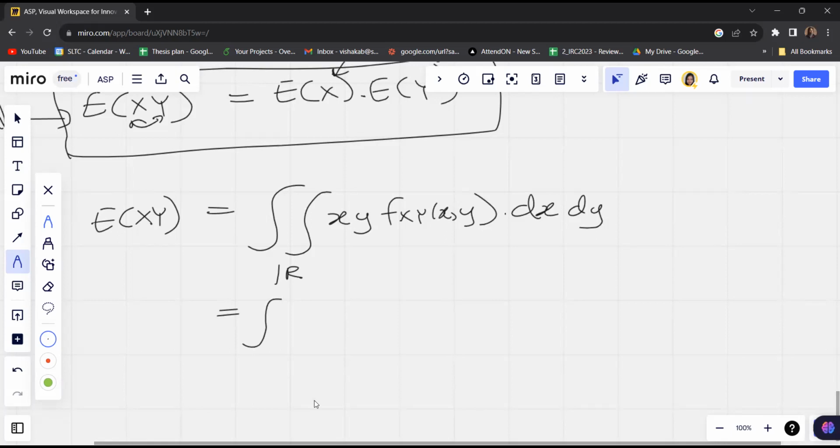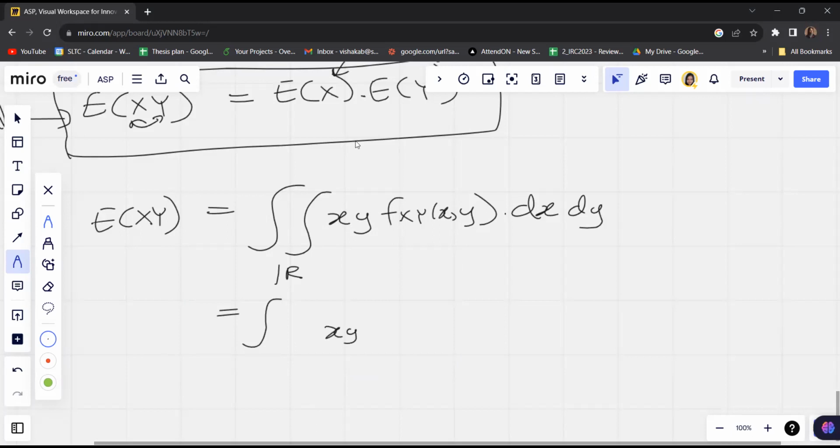So where we take the integration with respect to X first, since our function is only varying with respect to x, then we consider the marginal distribution. I will take the integration with respect to x first, and then I will do the integration for y next.